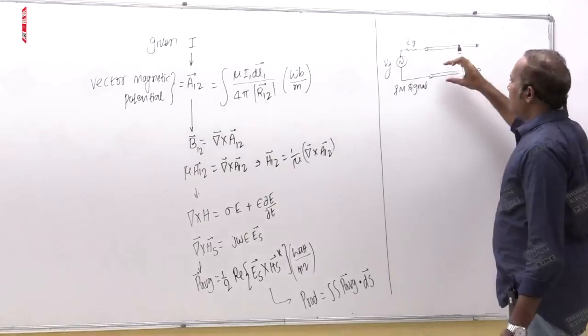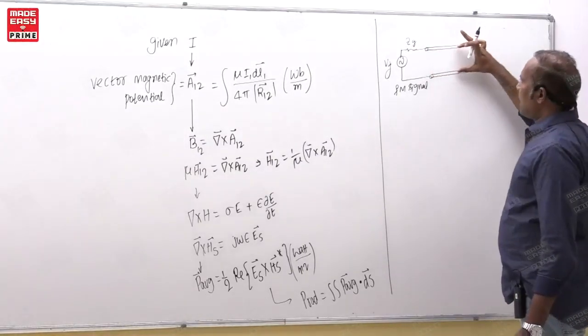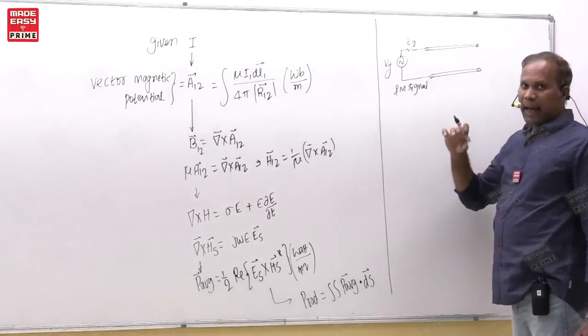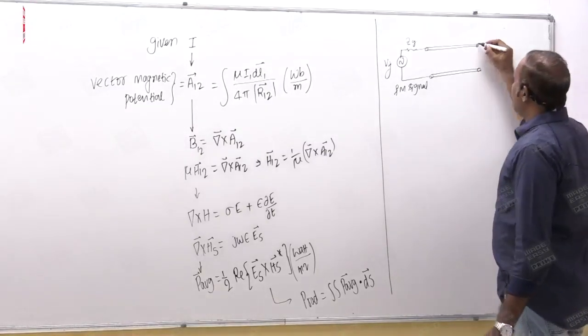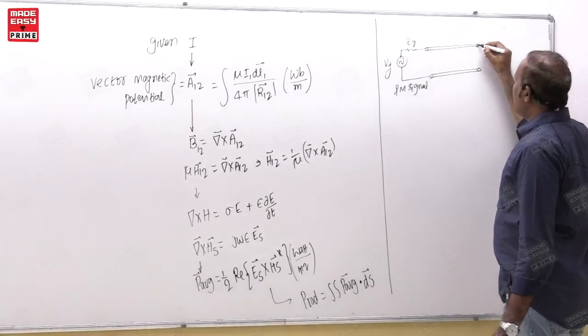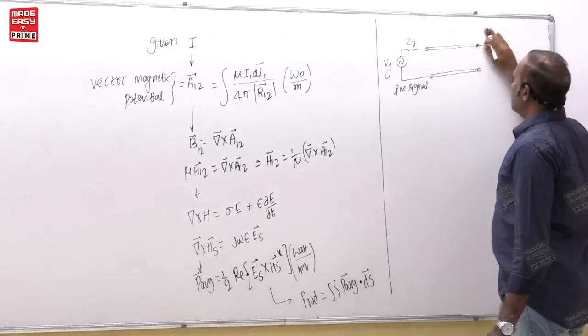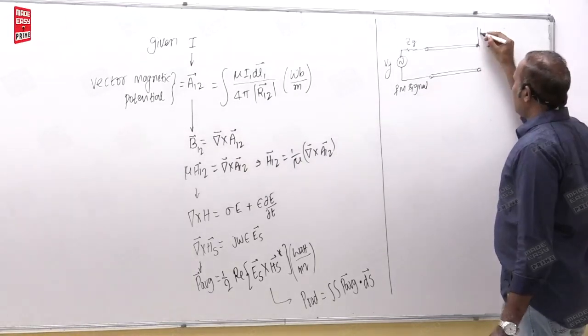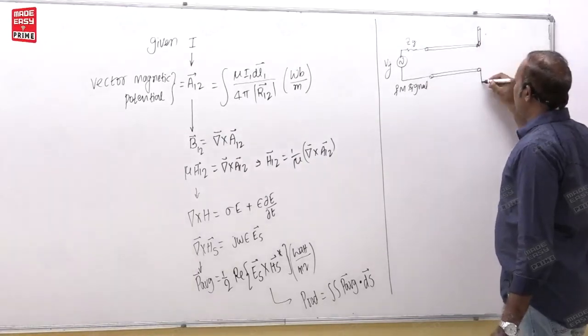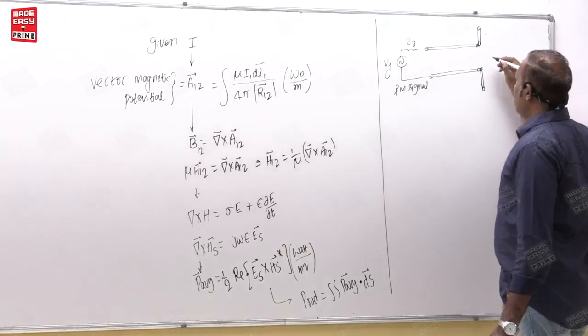Now it is transmitted through the transmission line up to the antenna. Now here is the antenna. These conductors are bent in shape. Actually, the same conductors can bend, so they are in this shape, for example. Okay, this is the antenna.